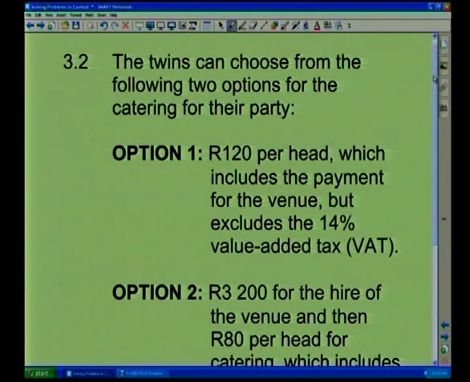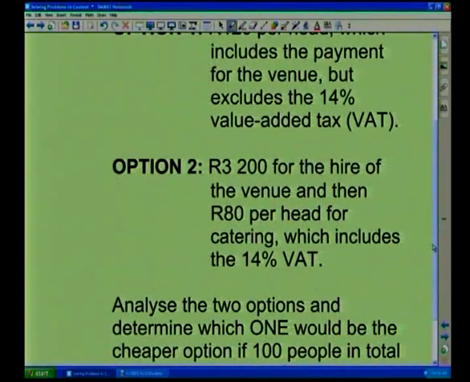So they're not going to have to pay for the venue, it's included in the price that is being charged per person. Option 2, however, says the following. 3,200 Rand is charged for the hire of the venue, and then a further 80 Rand per head for catering, which includes the 14%. So this figure includes VAT. The previous one did not.